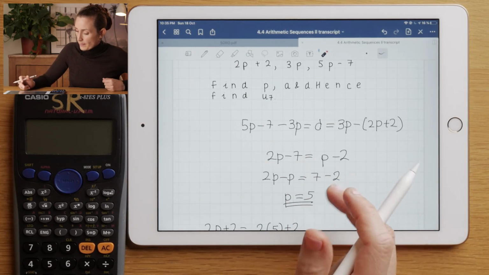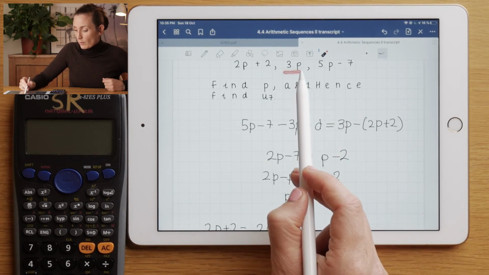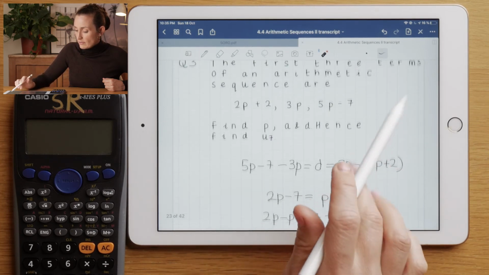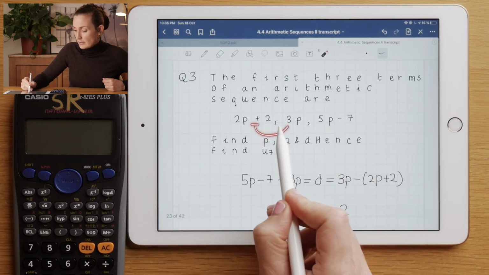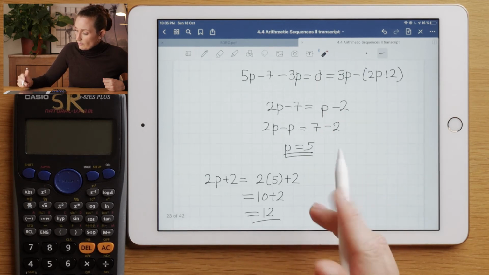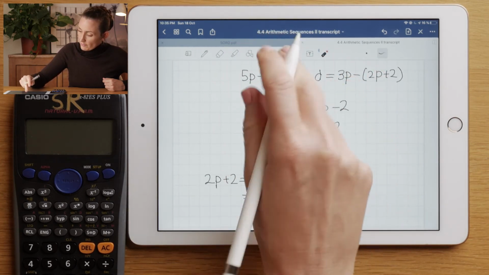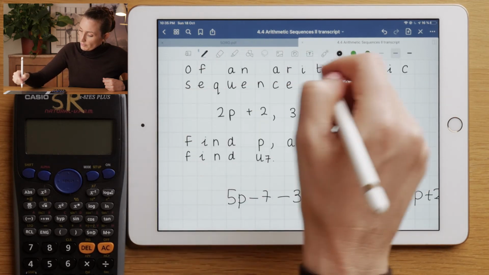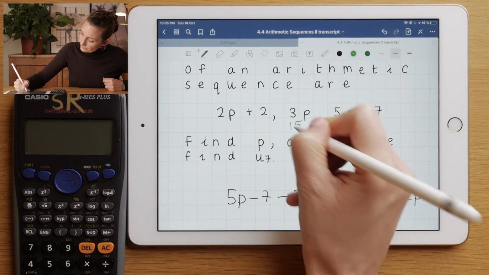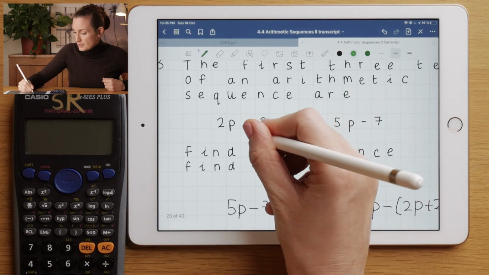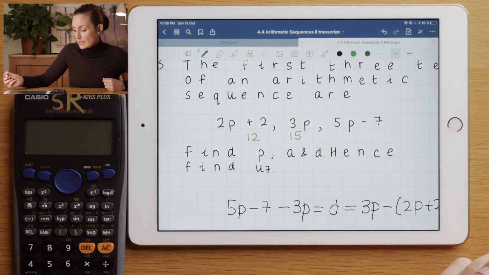Or you could work out what 3p was and see what you would need to add to get there. So if p is 5, 3 times 5 will be 15. So I know that 2p plus 2 is 12. So I should be adding 3 each time.